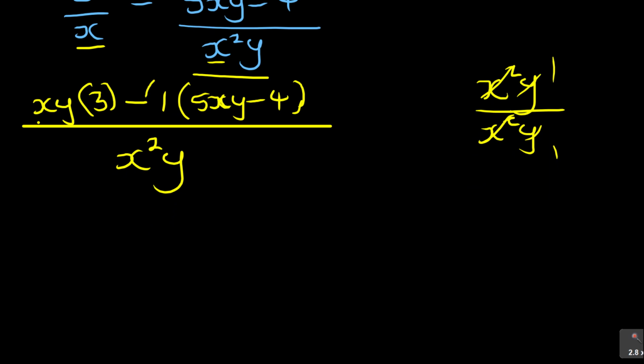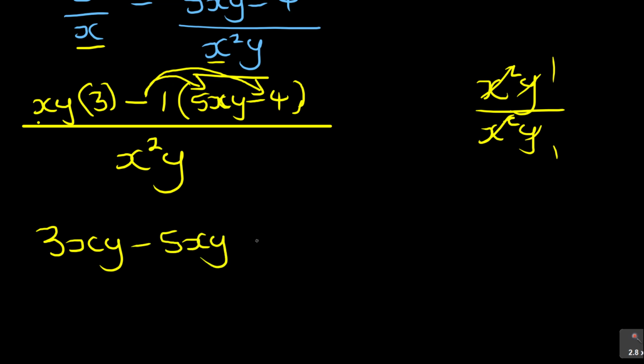So you open the bracket, use FOIL: minus 1 times that, and minus 1 times minus 4. xy times 3 is 3xy, minus 1 times that is minus 5xy, minus 1 times minus 4, a negative times a negative is a positive 4, over x squared y.